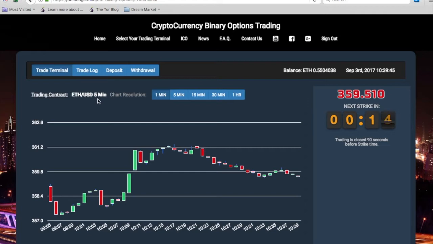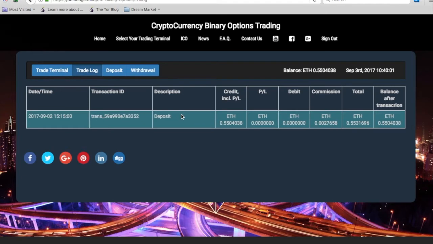We can also open the deposit tab where we can put some additional funds in, and we have a withdrawal tab where we will be taking back our profits.